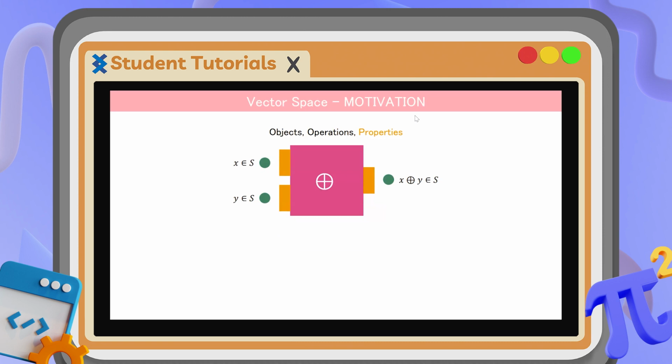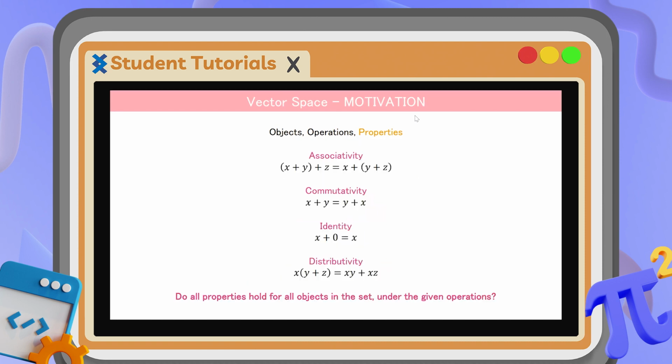So let's say we have vector addition and two elements that belong to the set. We want to know if after applying such operation, this result could belong to the set or may not belong to the set. Another thing to consider are the different types of properties. Like for example, in addition, we have associativity, commutativity, identity, and distributivity.